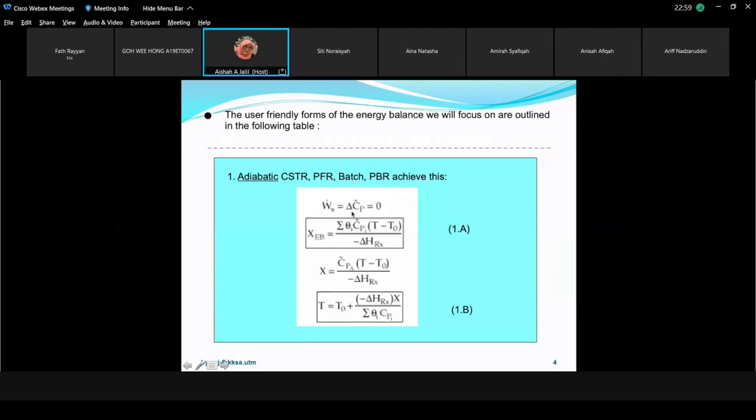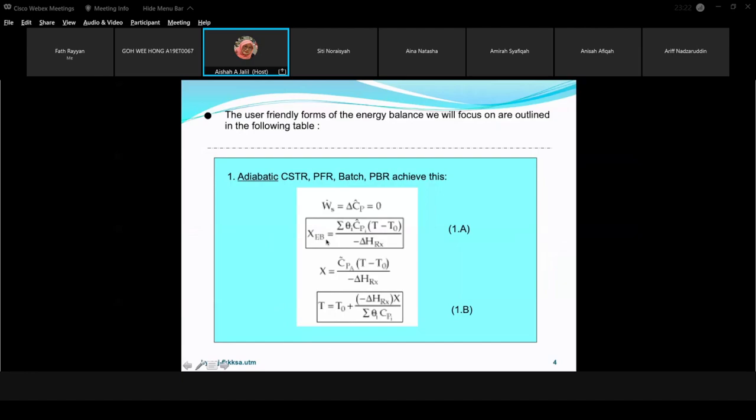If you want to know how to get this equation, there is a sequence. Later you can study how they derive this one.